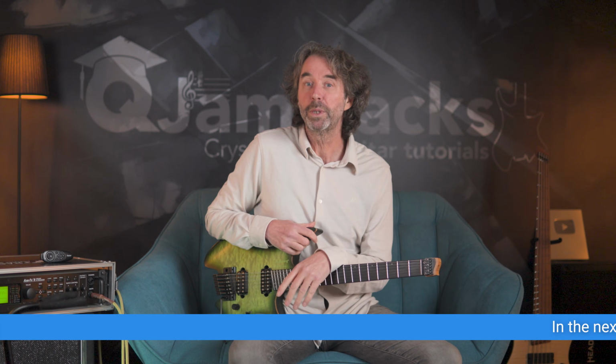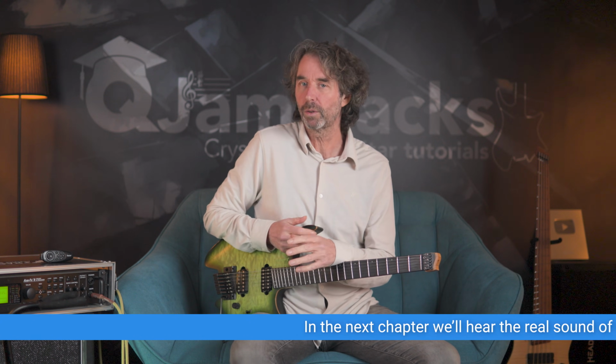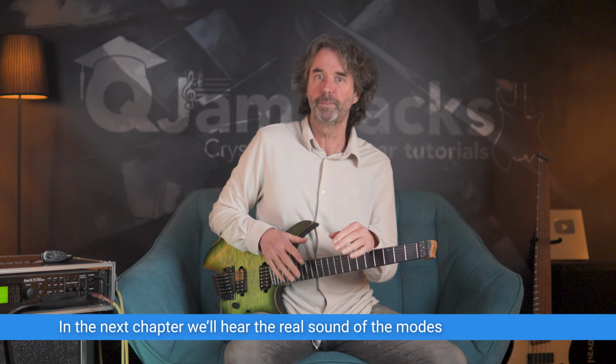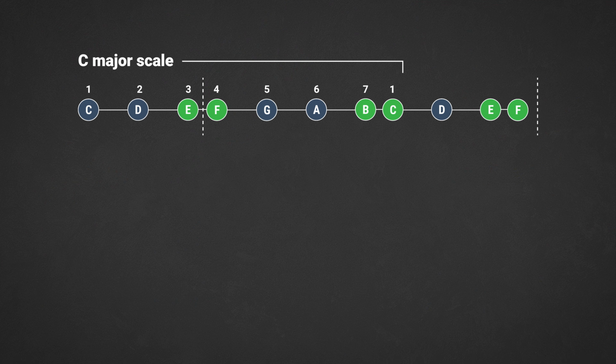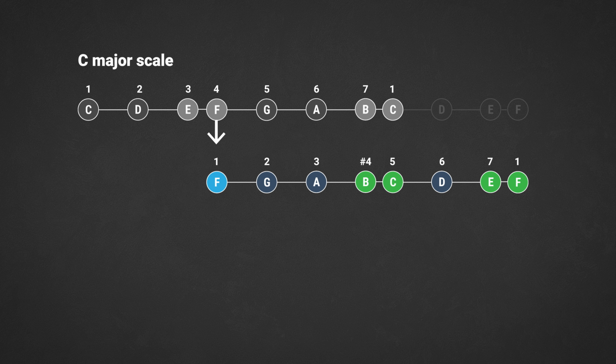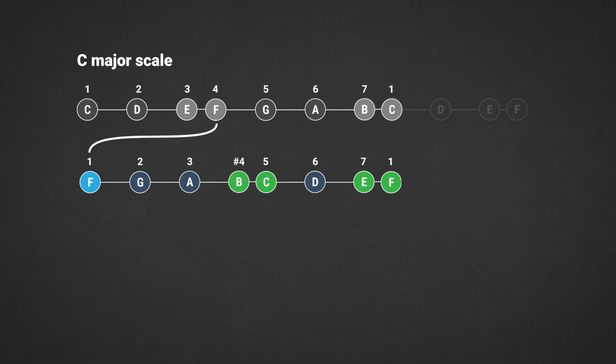So let's see what the result will be if we start the C major scale on other notes of the major scale. If we start on the fourth note F of the major scale, we'll play the scale from the note F to the next note F. The formula has changed again, because the half steps have shifted and are now located between the fourth and the fifth note and the seventh note and the tonic note.